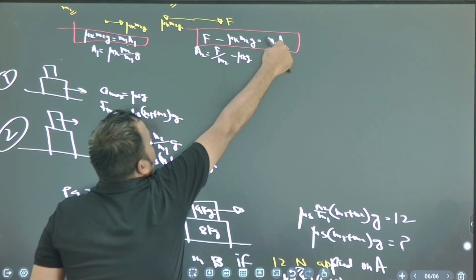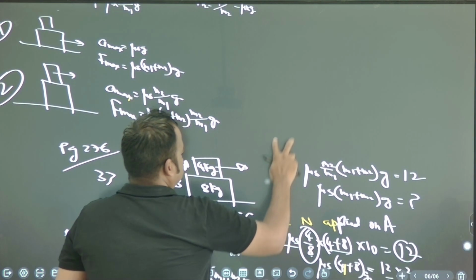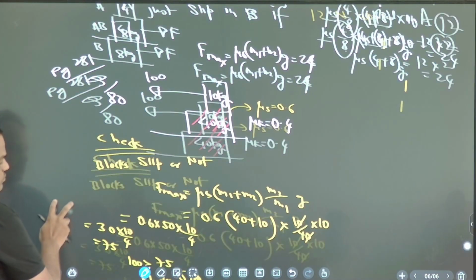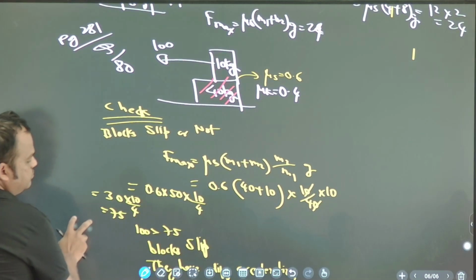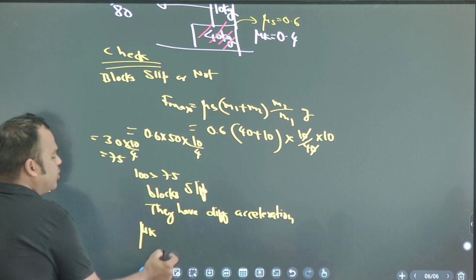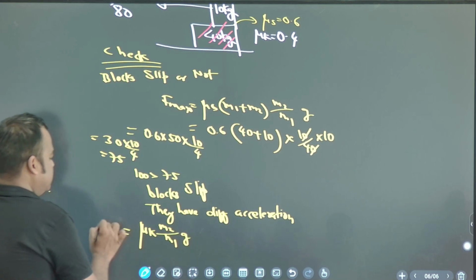Okay, this is A2. So you can memorize it easily: upper block by lower block into G. So this is A1.